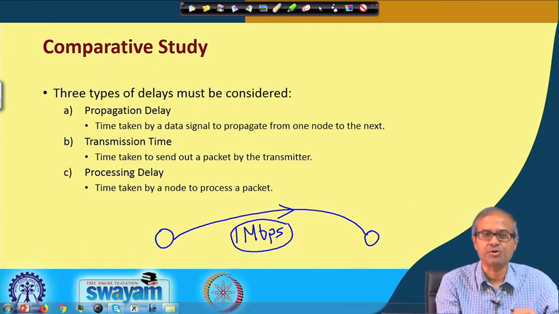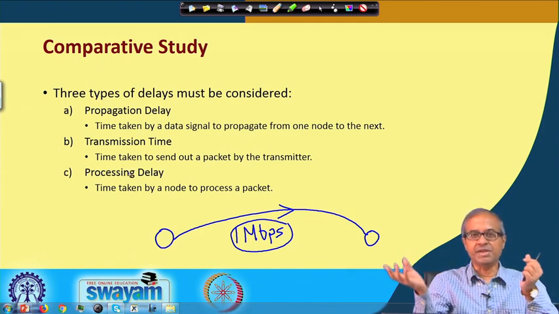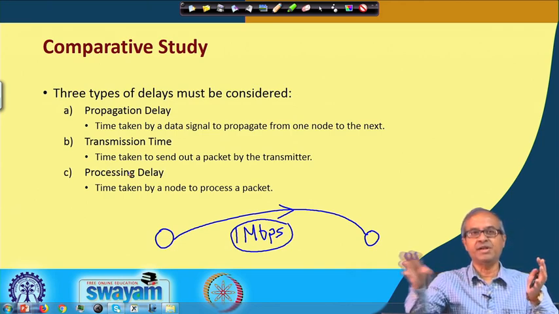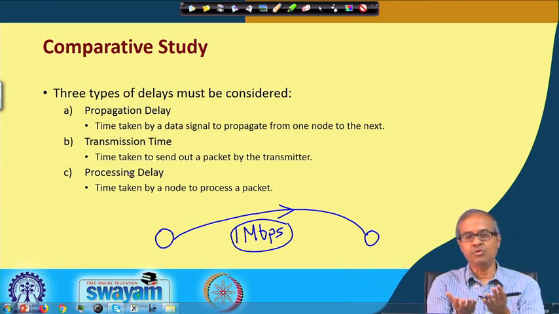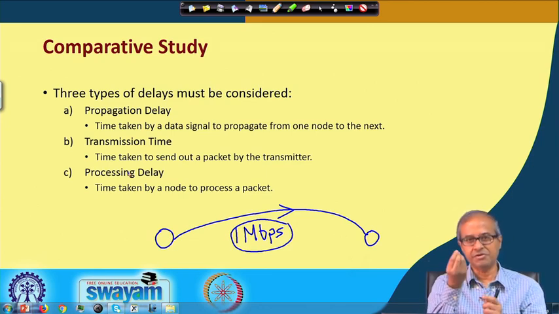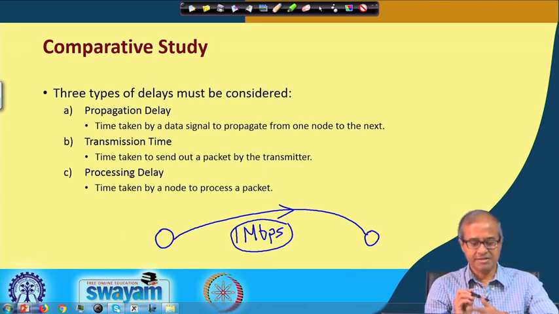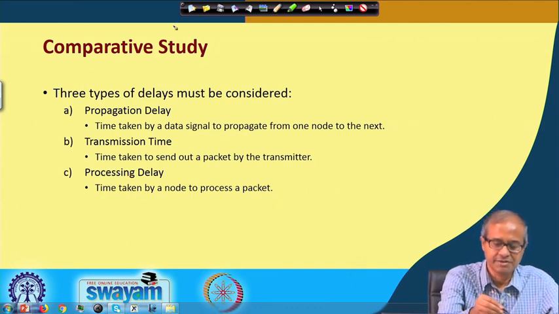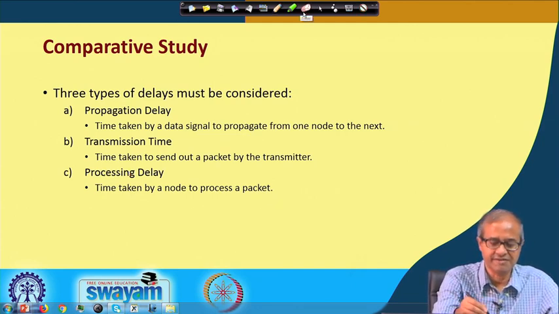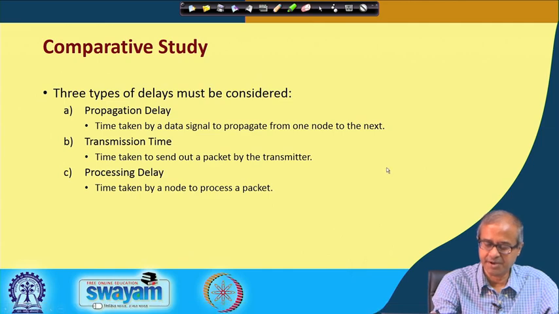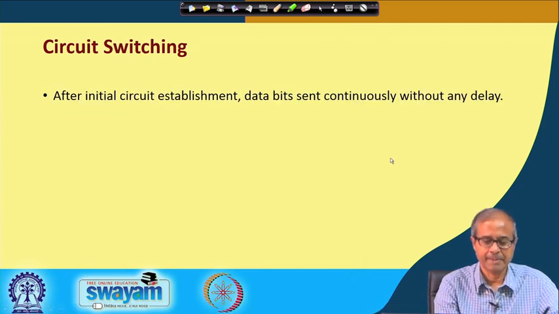And finally, processing delay. If your communication is going via intermediate nodes, and you know here we use something called store and forward approach. So, these intermediate nodes will also take some time to receive a packet, store it, consult the routing table, take some decision and then forward it. So, it will take some small time for that. So, that is the processing delay. So, these are the different components of delay in a typical network communication.